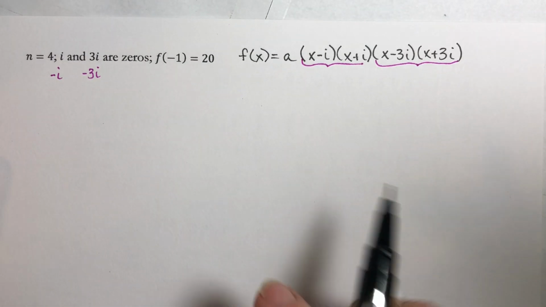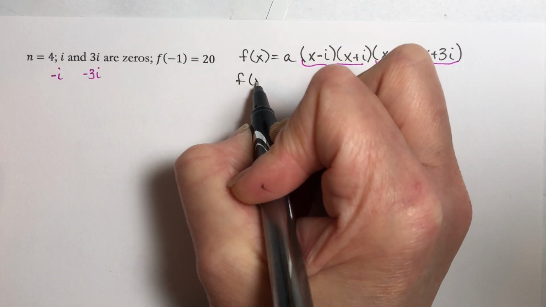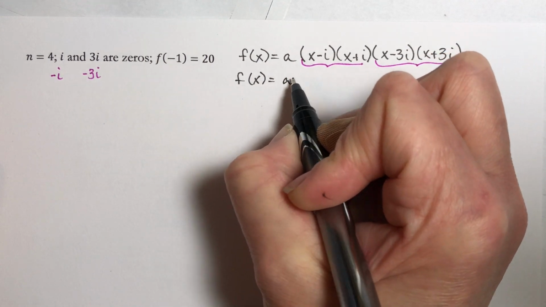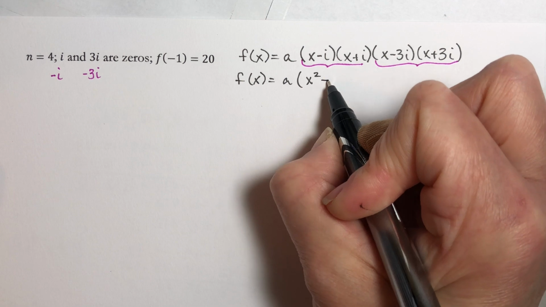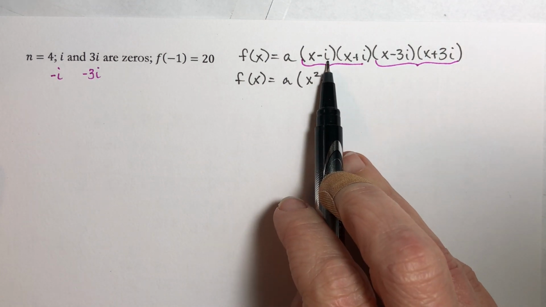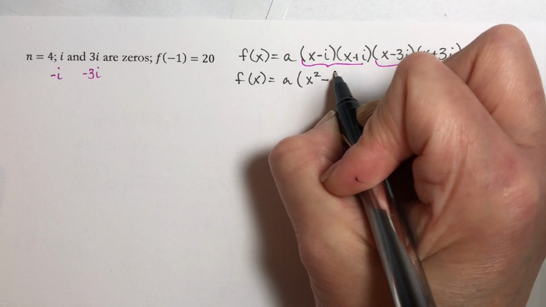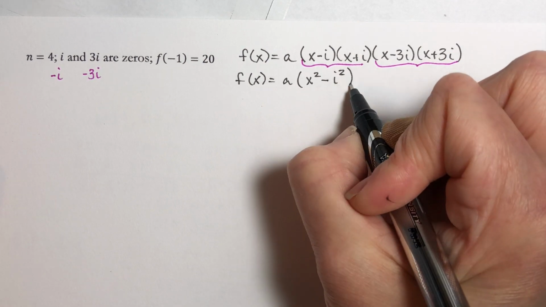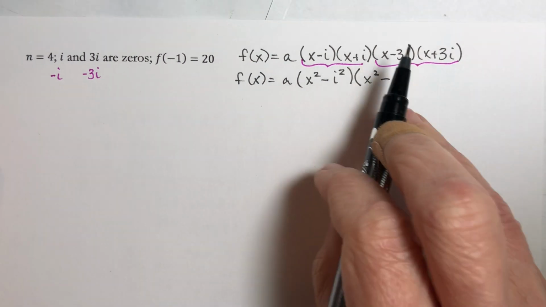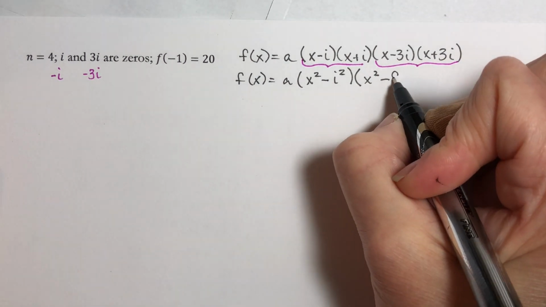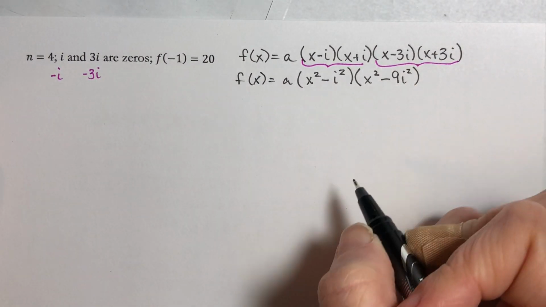Okay, so this gives me f of x is equal to a times x squared minus i squared, and i squared is negative 1. I'll get there in a second. And here that's going to be x squared minus 3i squared, so that's 9i squared.